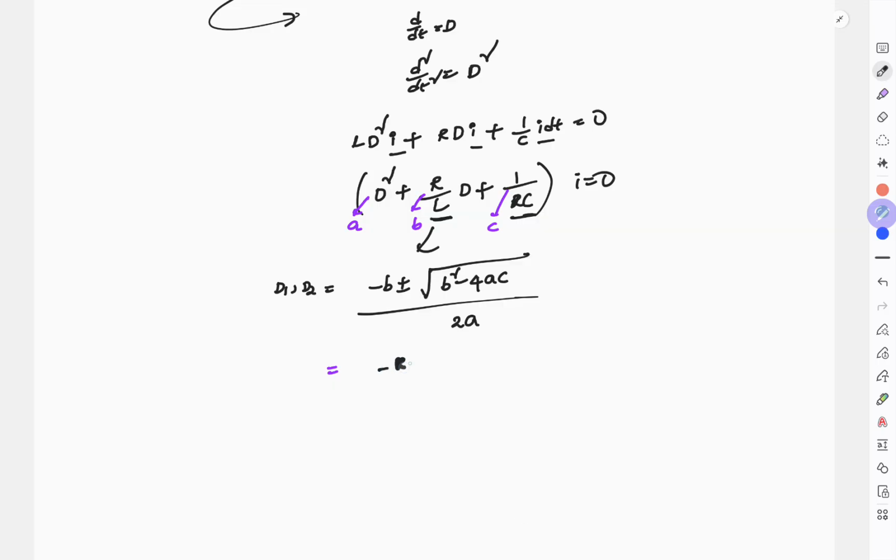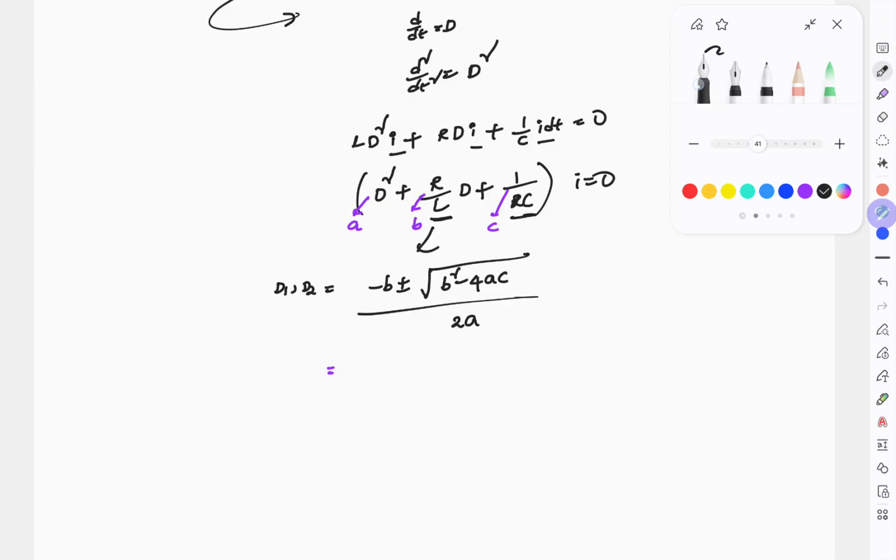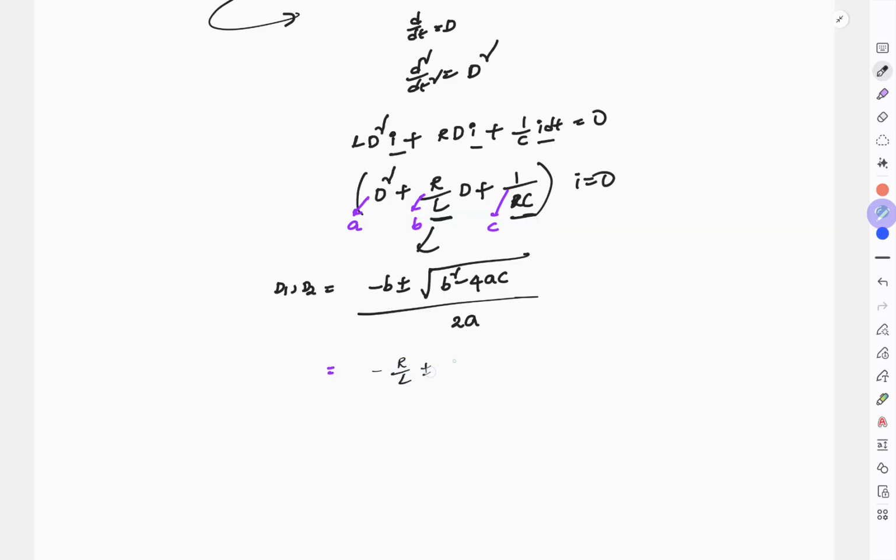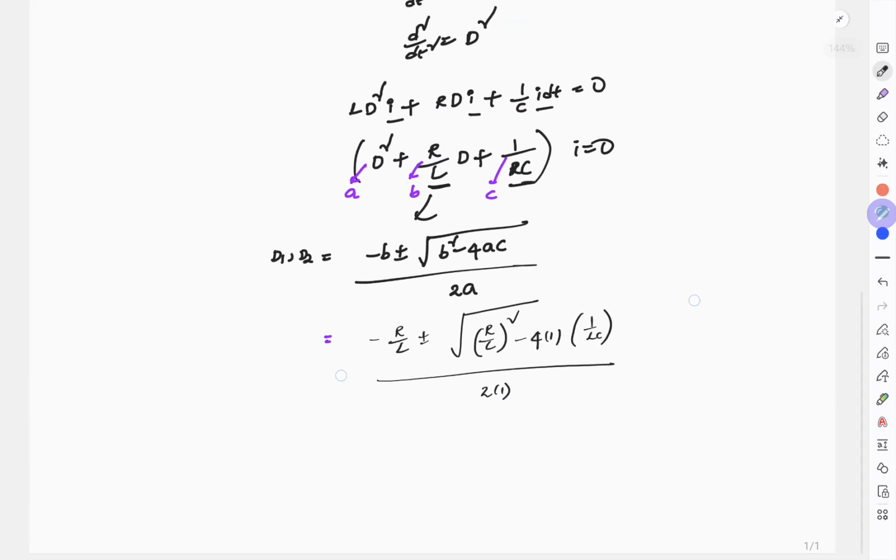So minus b is minus R by L, plus or minus root of R by L whole square minus 4, where a is 1 and c is 1 by LC, by 2a. Got it?